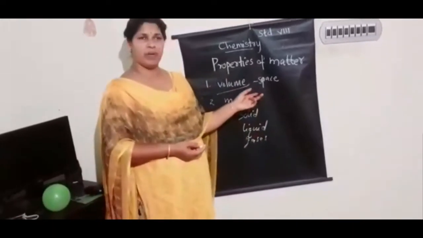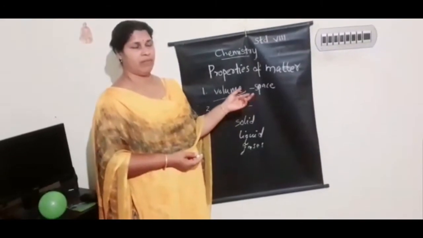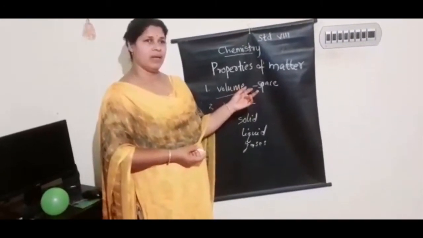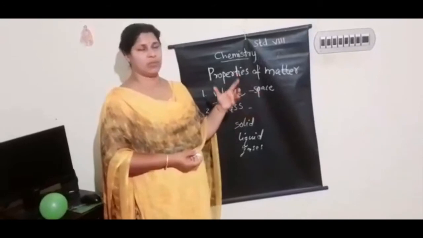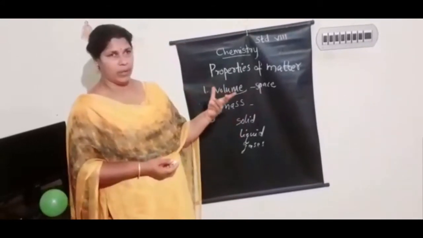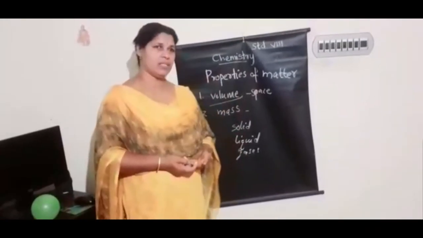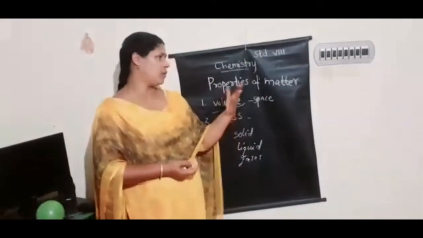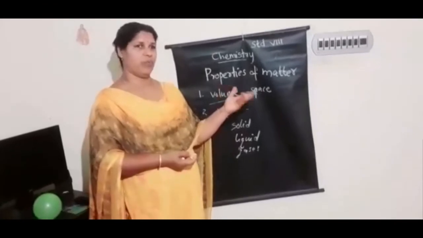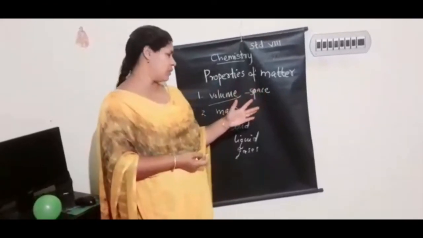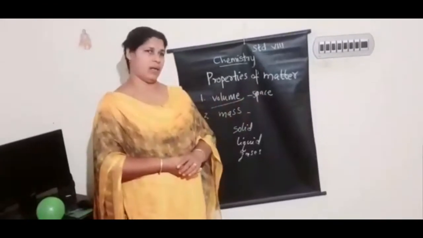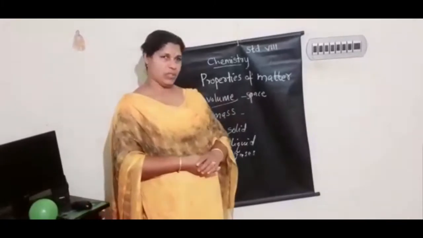What do you mean by volume? Every object occupies space. That is called its volume. So we can define matter as objects or things which occupy space and have some mass.